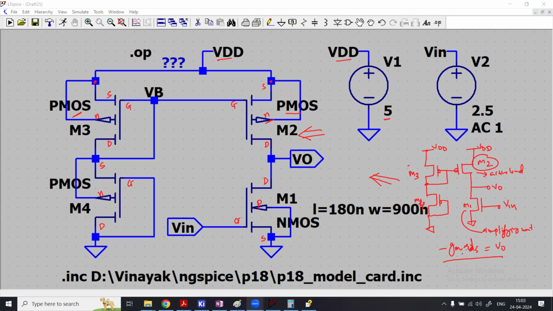This is our theoretical expression, which we arrive at from the small signal model. In fact, this RDS is the parallel combination of RDS1 in parallel with RDS2 from the small signal model of this circuit, which we have explained in our previous module. So do refer to that if you want to understand how we arrived at the output expression.